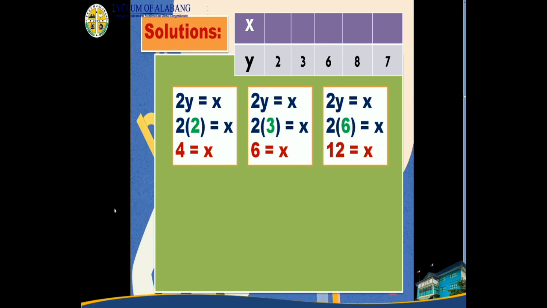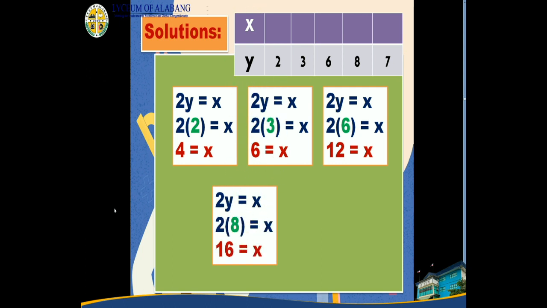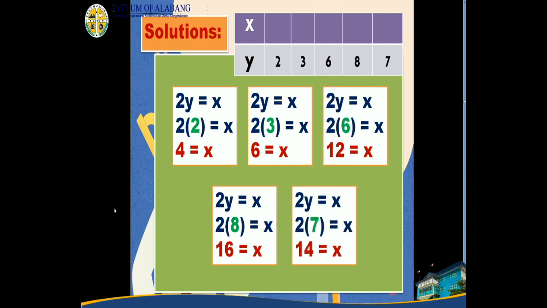And for the fourth value of y, which is 8, 2 times 8 is equal to x. Therefore, x is equal to 16. And for the last value of y, which is 7, 2 times 7 is equal to x. Therefore, x is equal to 14. Answer.